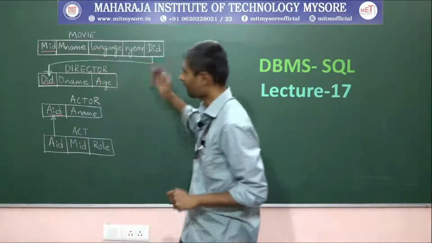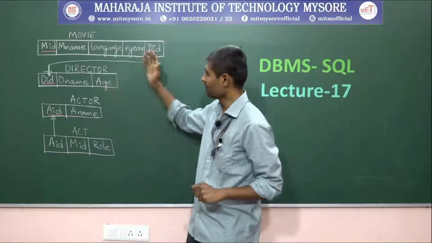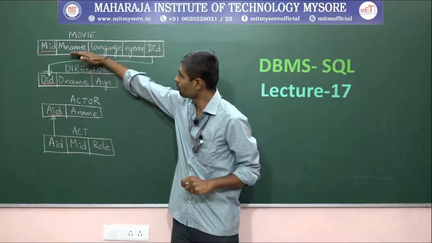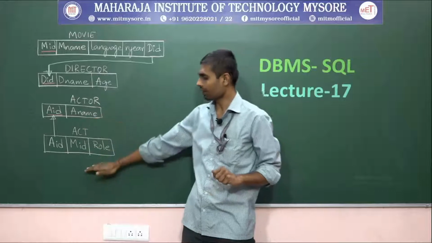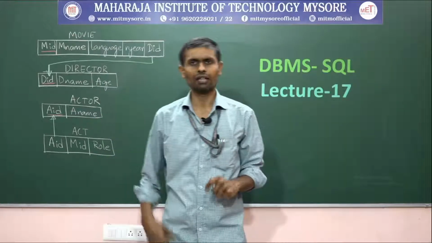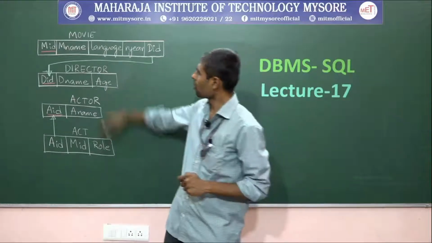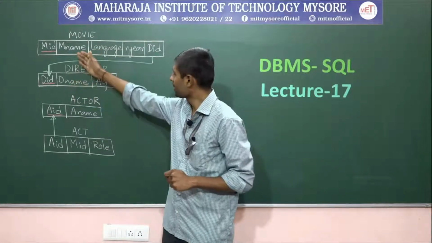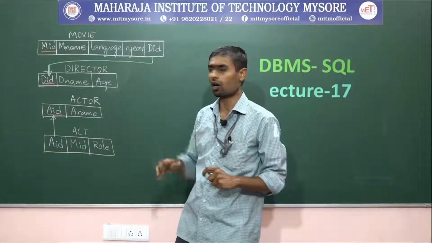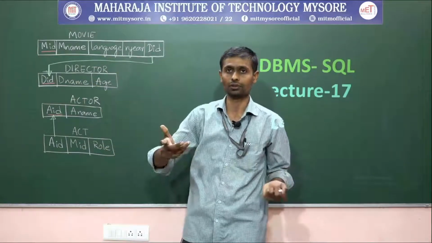Let's assume, guys, I have a database that contains 4 tables. It contains information related to movie, director, actor, act, many things. Most of the time we are not interested in all tables. There could be a possibility that we are interested in all tables and all attributes.